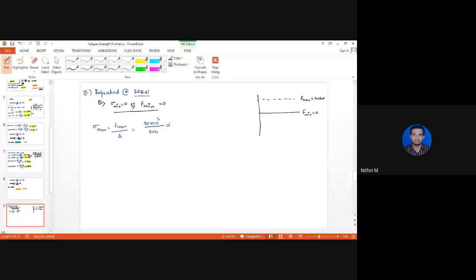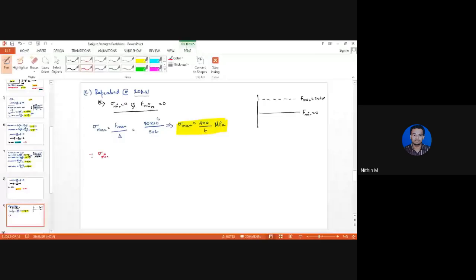Remember, since sigma minimum is equal to 0, it implies that sigma A is equal to sigma M is equal to sigma max by 2, because the second portion of the equation is equal to 0.